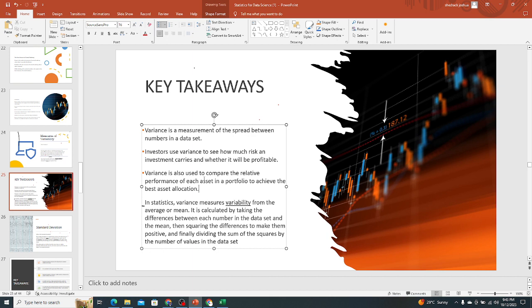You can put well-performing assets together which have a small variance. Then you can also decide to have another portfolio for high risk, or you can combine a high risk asset with a low risk portfolio, so that in case of any loss, you don't suffer big time.